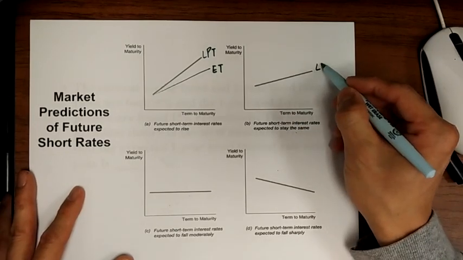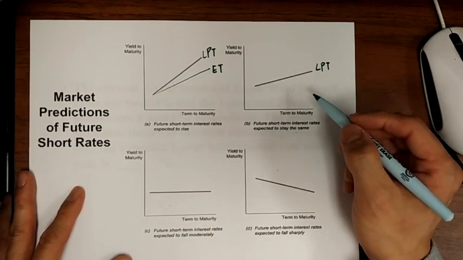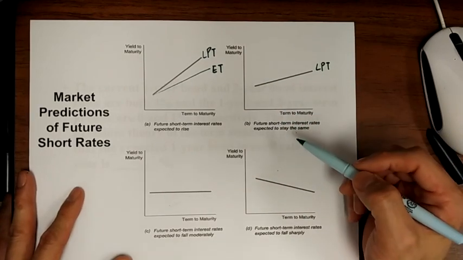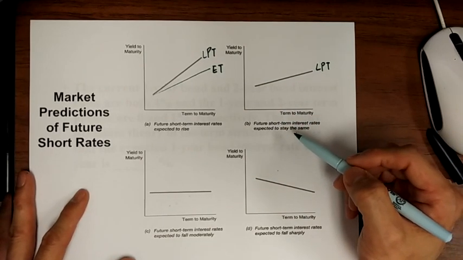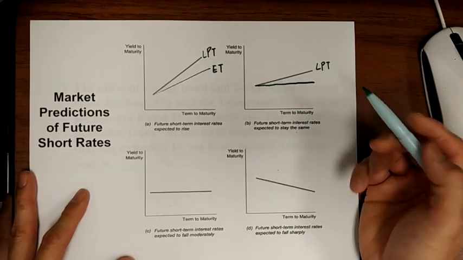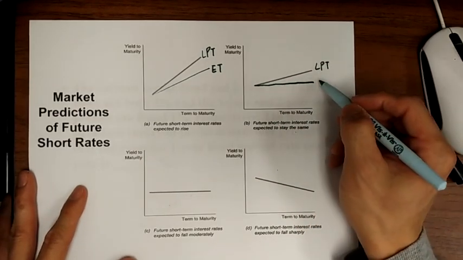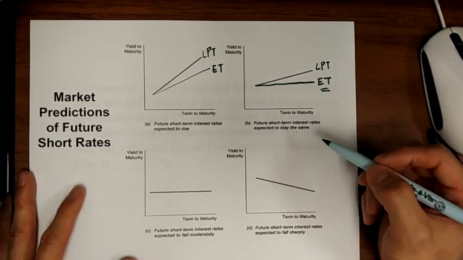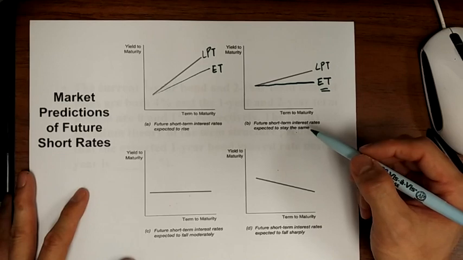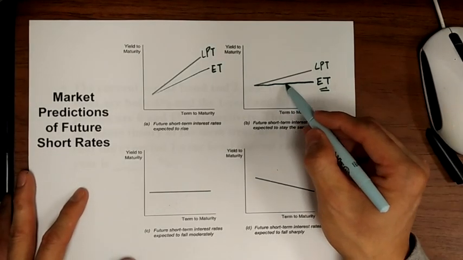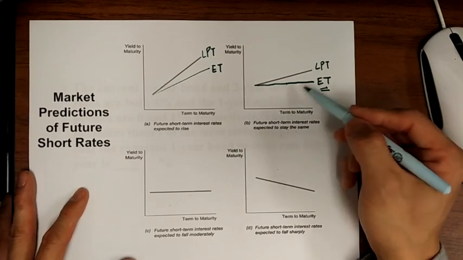If you observe a mildly upward sloping yield curve, then you pivot it down, you will get a relatively flat yield curve implied by the expectation theory. And expectation theory tells you that the market expects the short-term interest rate to stay the same.